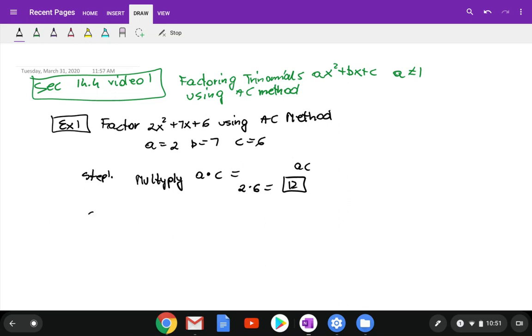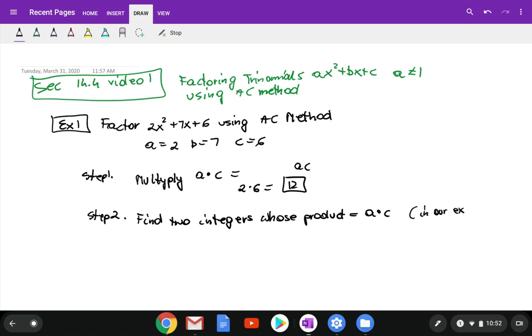Step 2. Find two integers whose product is equal to a times c. In our example, 12.